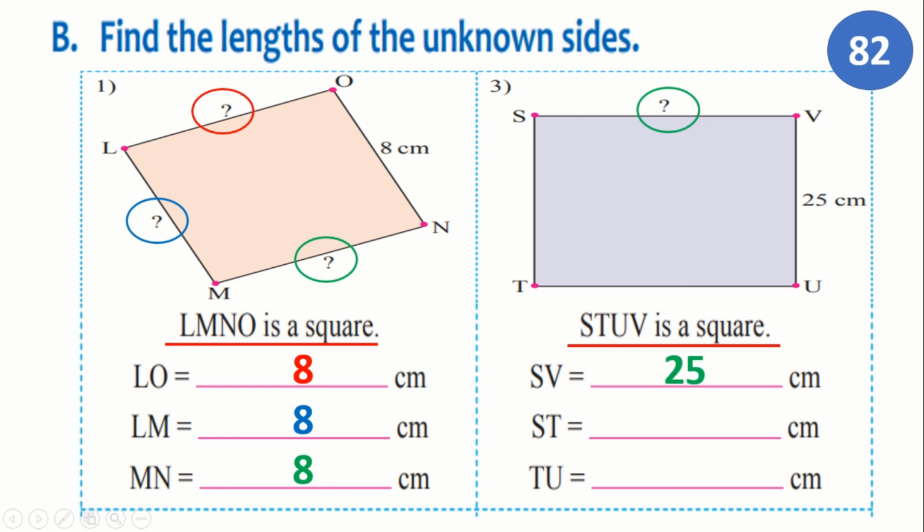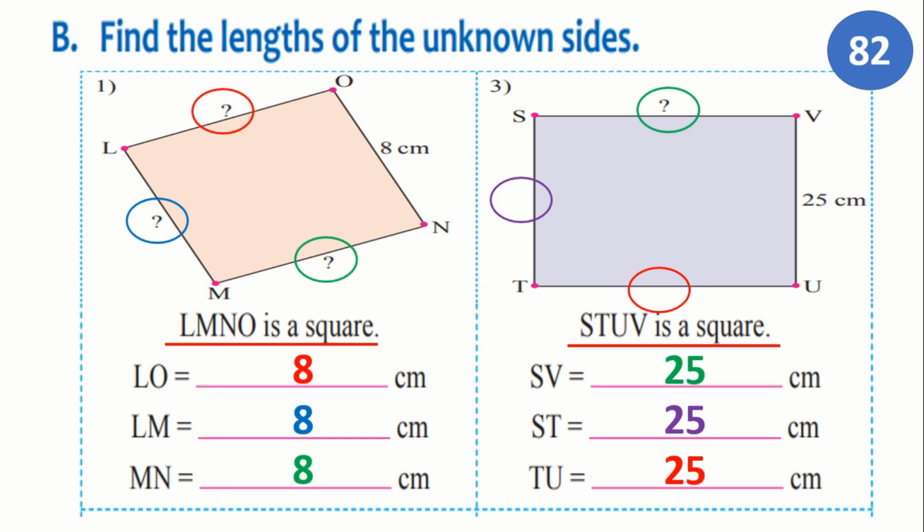Then the other side, ST, this side here is the same, 25, because this is a square. And then TU, the length of this is the same, 25 centimeters. Correct, students? Because the sides of the squares are equal.